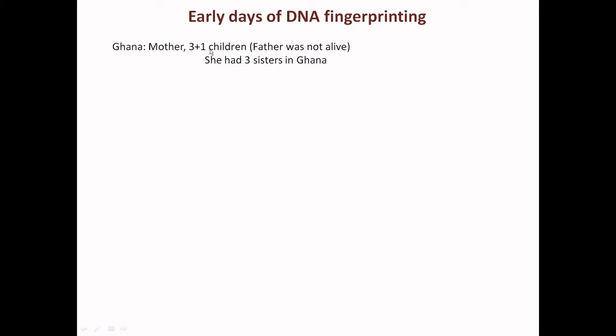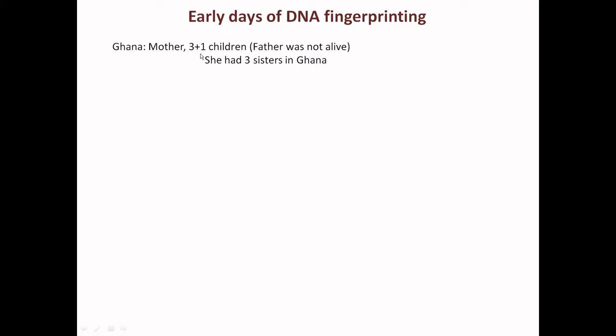It was very difficult at that time because the father was not alive, and the mother had 3 sisters in Ghana. So it was a huge task to establish that this child is from this mother, who is a UK resident, and not the child of any of the sisters residing in Ghana.